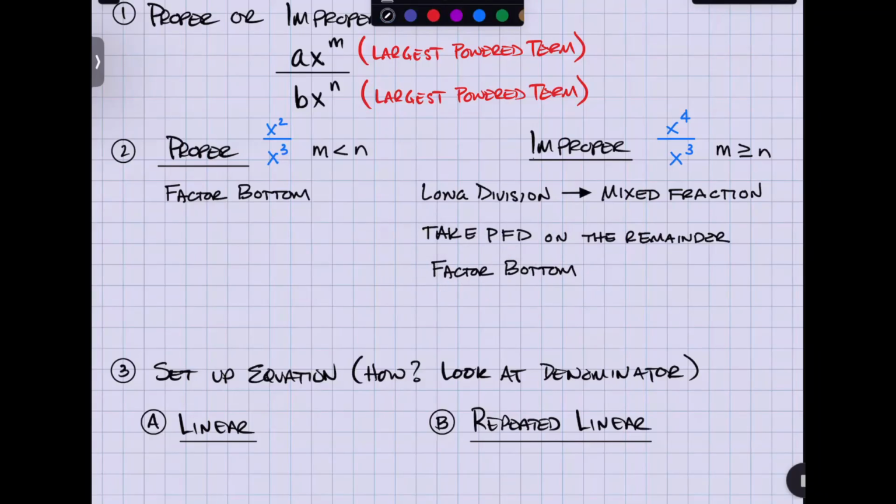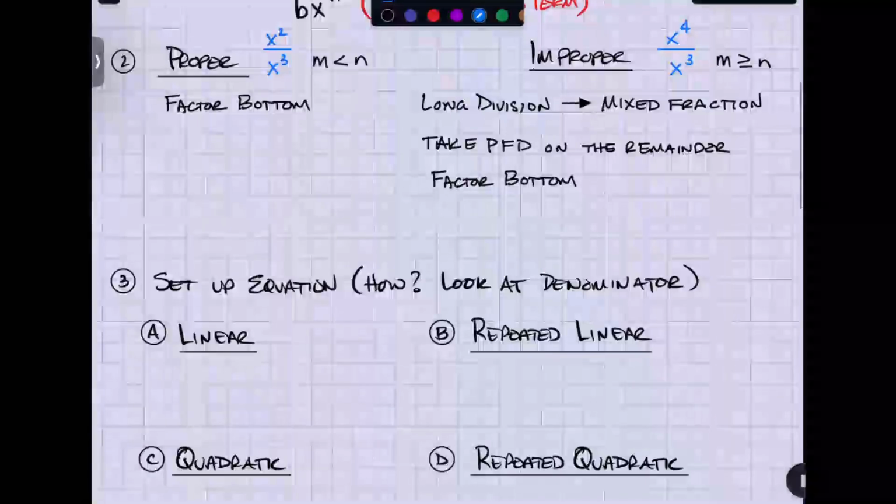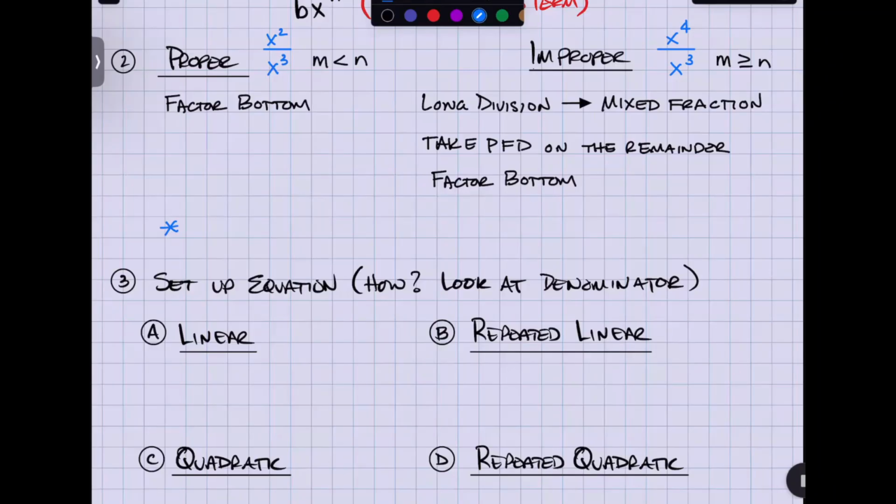And for both of these, you may need long division again. So again, this is something new. It's going to be intimidating in the beginning, but it really isn't that bad.